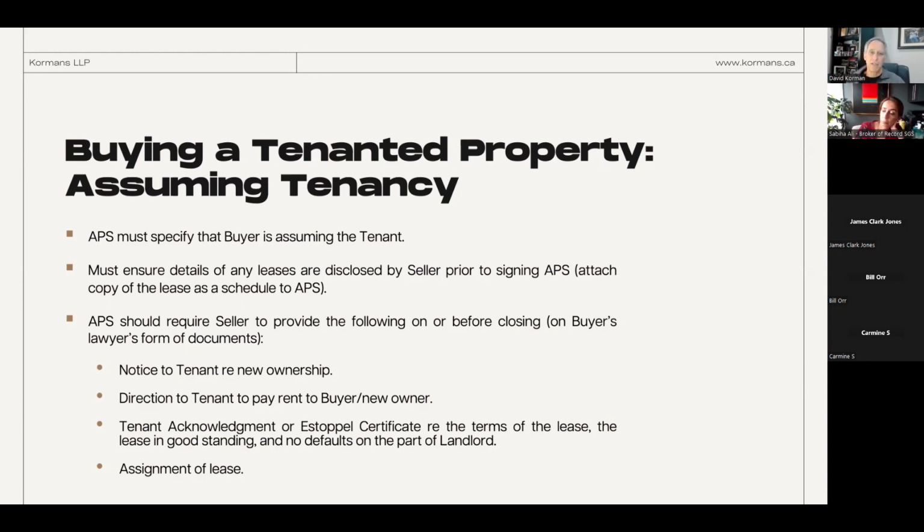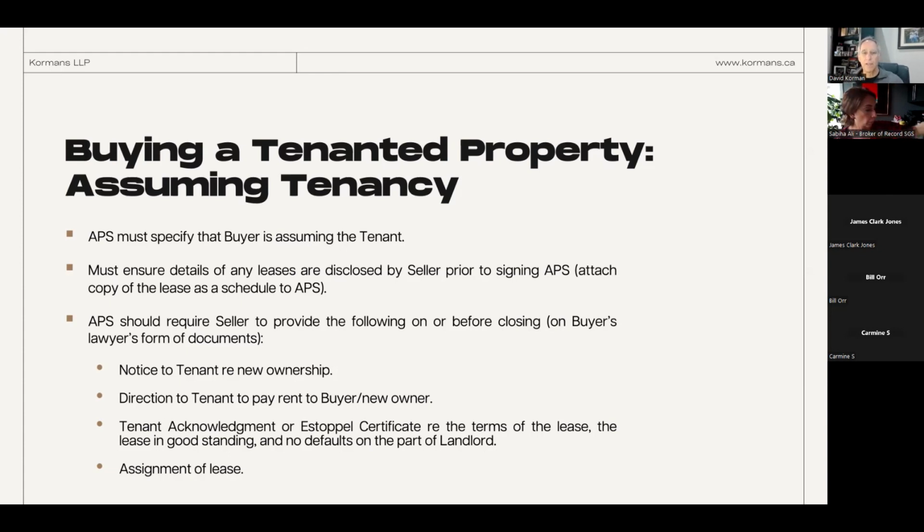Because if you're a buyer, you're going to want the disclosure of it. You can't expect someone to buy something subject to tenancy unless you're explaining to them exactly what the terms of that tenancy are. It's just not reasonable to do that. So any agreement of purchase and sale should require the seller to provide certain things before closing, because we're going to need them if you're on the buyer's side.